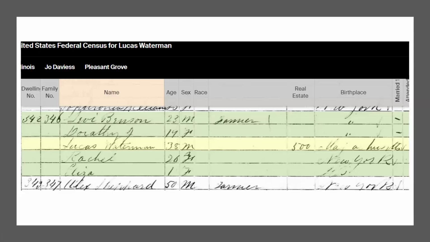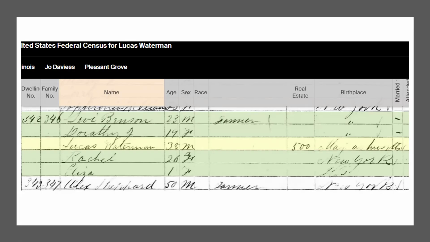But here we have 1850, and we have Lucas Waterman, Rachel, and Eliza. 1850 did not tell you relationships. So I suppose it's possible that it's a niece, nephew, child from Rachel's previous marriage.